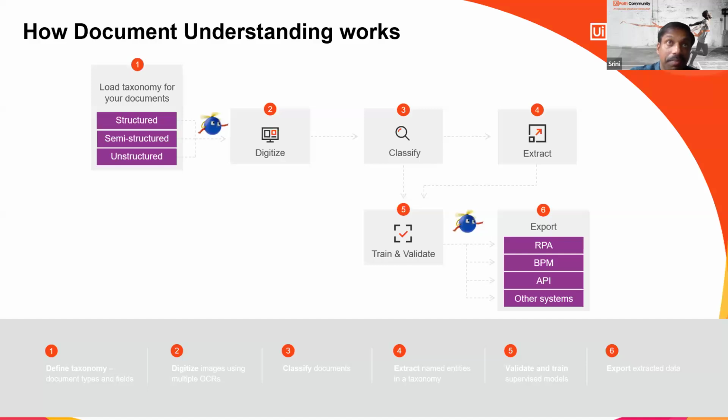It can identify the purchase order because it already has some pre-trained models running in the backend, so it can classify without much training as well, and it can extract the key information which you mentioned in the taxonomy, and it can train and validate itself and export to different systems.